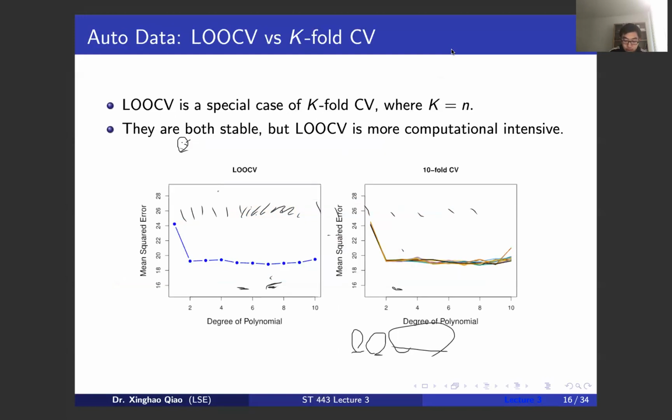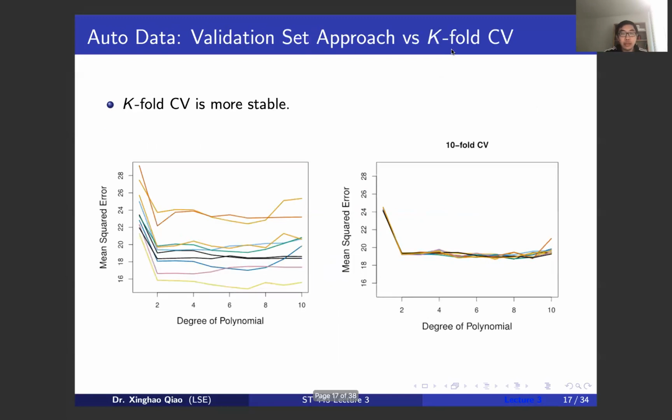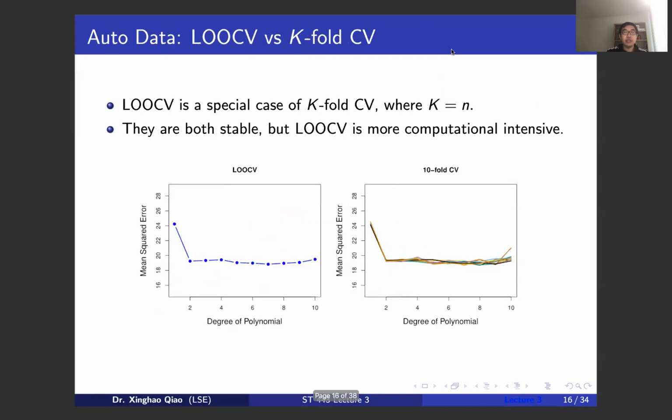Let's consider the differences between the 3 cross-validation type approaches on the particular data set we want to illustrate. Going back to the auto data set, first let's compare the LOOCV and the k-fold cross-validation. The first remark is that LOOCV is a special case of the k-fold cross-validation.